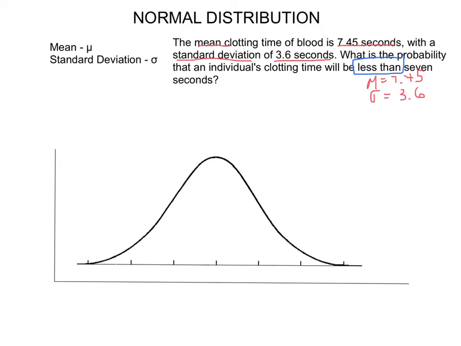So the idea here is we want to look at the area under a normal curve. This picture here that I've put up is called a normal curve or a bell-shaped curve. And we are going to say that the total area beneath this curve is always 1. So that's the first thing that we need to know, that the total area is always 1.